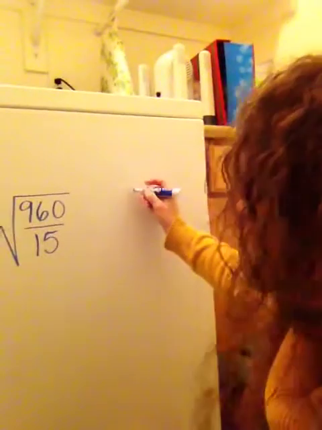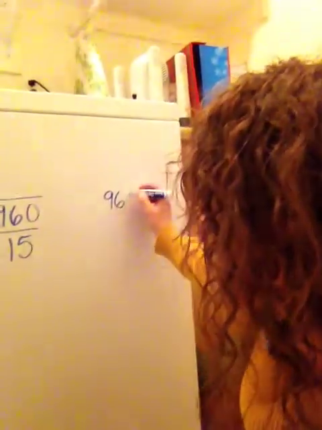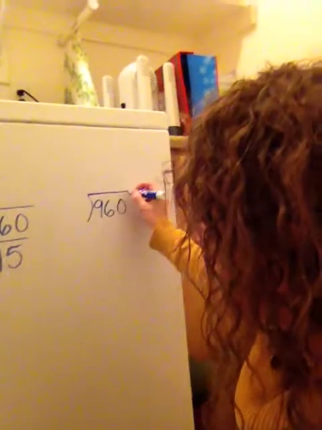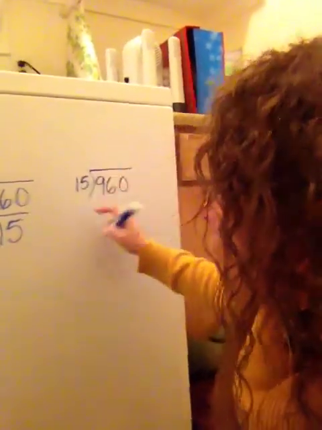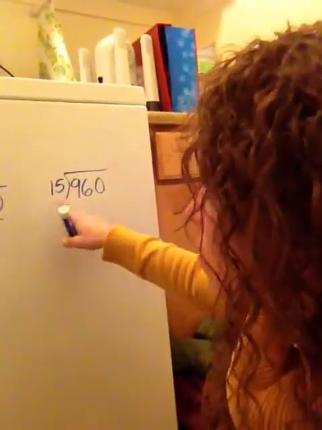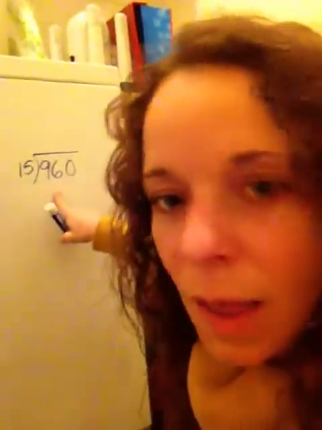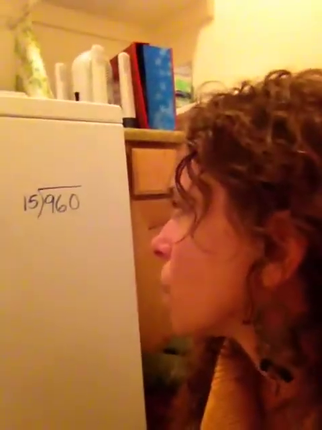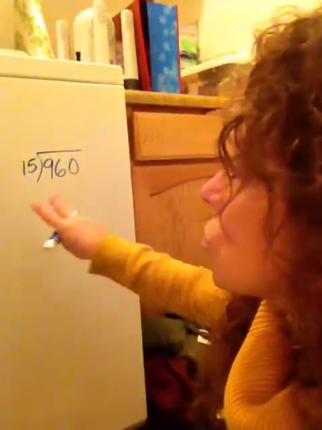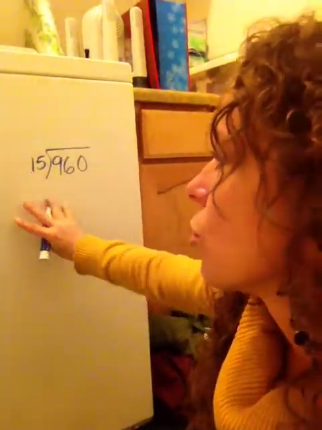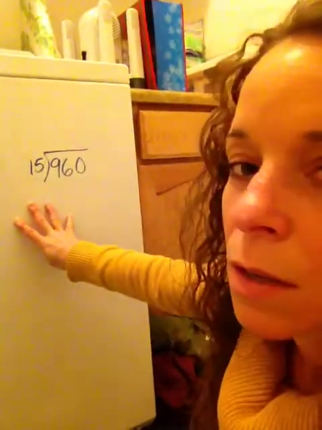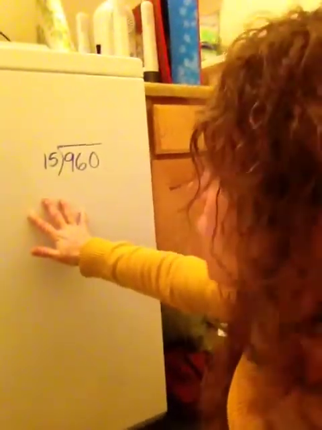Okay, so we're going to divide. I don't know what this one is off the top of my head, so we just work it out. We have 960 divided by 15. 15 goes into 9, it won't. 15 goes into 96, it will. How many can I pull out? I think the best way to think through it is to pair up your 15s, because two 15s make 30. So two 15s would be 30, two more 15s would be 60, and two more would be 90.